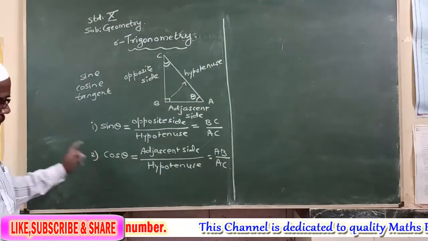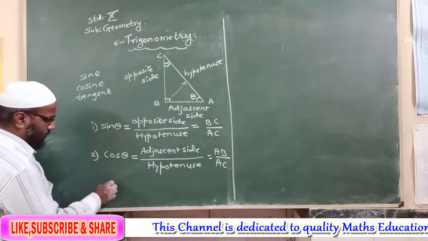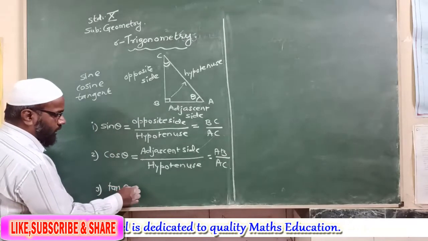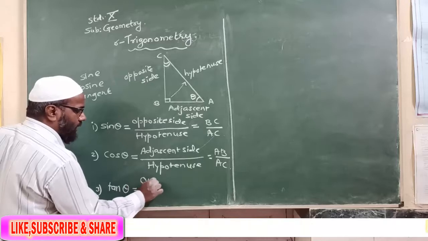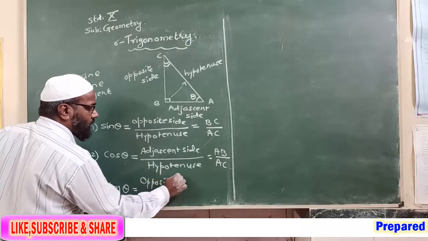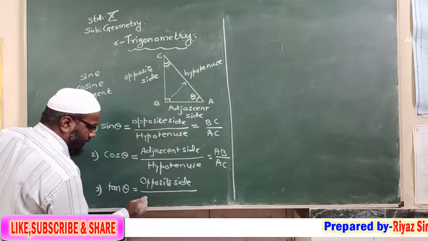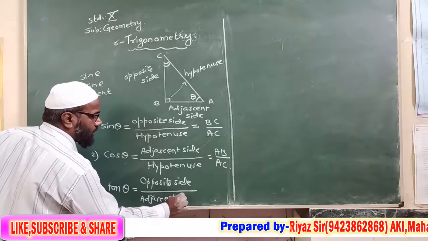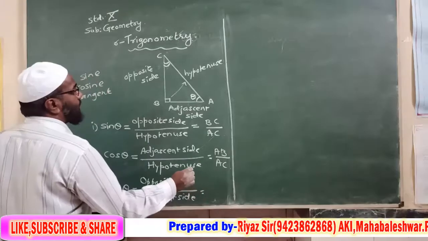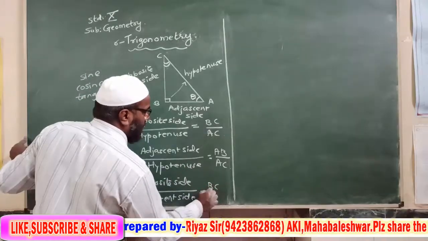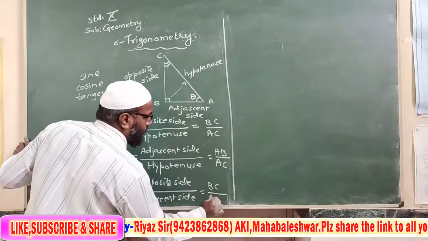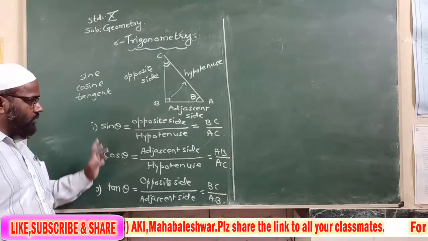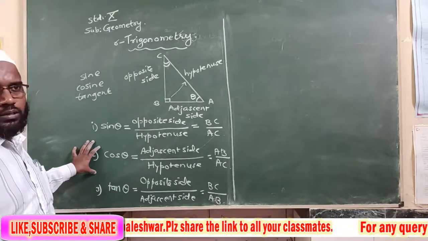The third ratio is the tangent ratio. In short, tan theta is equal to opposite side upon adjacent side, so BC upon AB. These three ratios, sin, cos and tan, we defined in 9th standard.